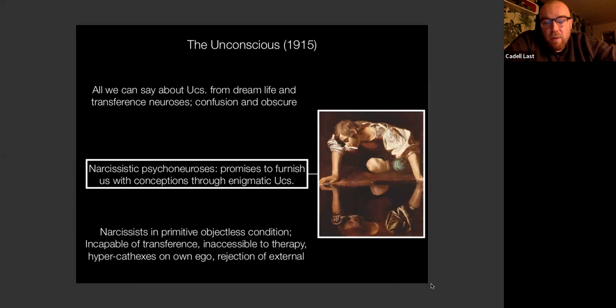It says, all we can say about the unconscious from dream life and transference neuroses, again, as distinct from the non-transference neuroses, which we're going to talk a little bit about. At this point in Freud's career, he's reflecting a lot more on this distinction between the transference neuroses and the non-transference neuroses. He says, what we do learn from psychoanalysis up to this point leaves us in some confusion and obscurity.